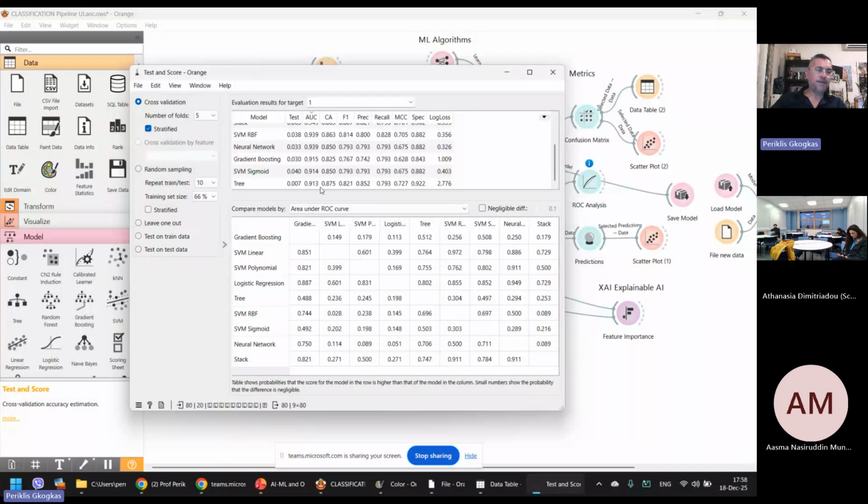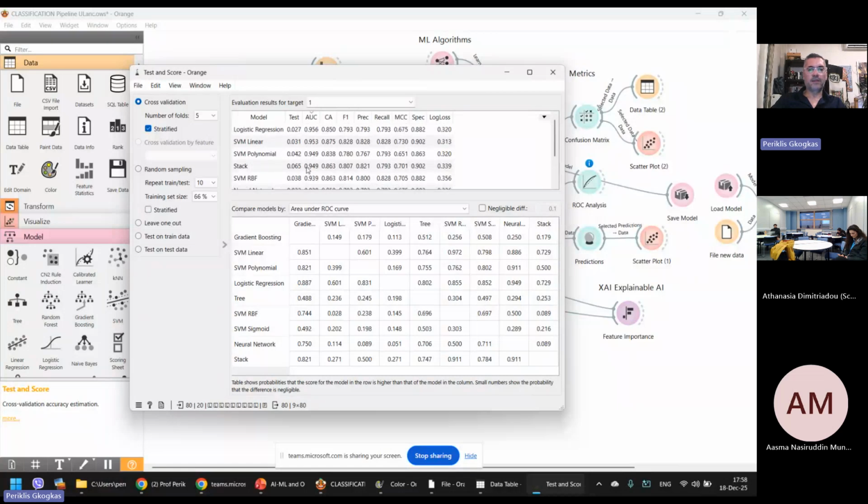It's still good, but in comparison to the logistic regression, it is not that good. If we select this metric, the recall, then we can see that according to the recall sensitivity, the best model is SVM linear. So this is the usefulness of this table here.